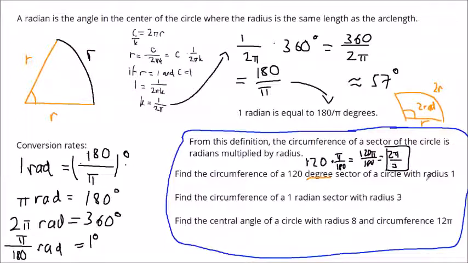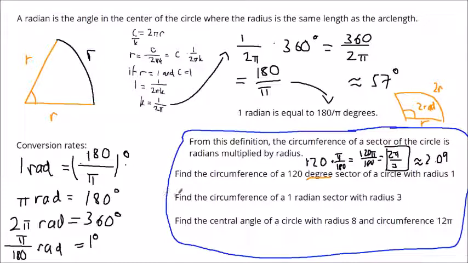That's the number of radians. Radius is 1, so that's the circumference. It's 2 pi over 3, which is about 2.09.